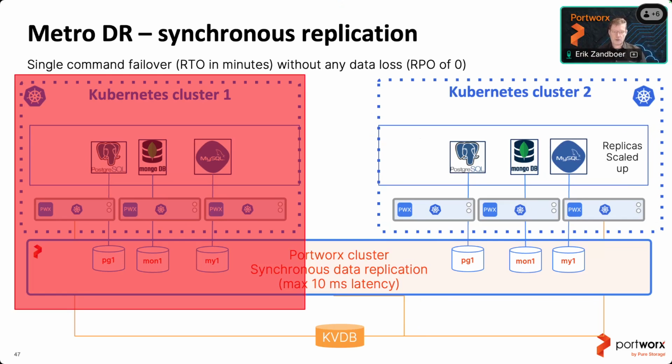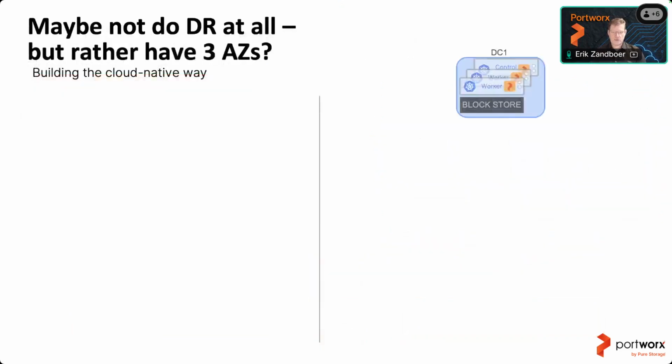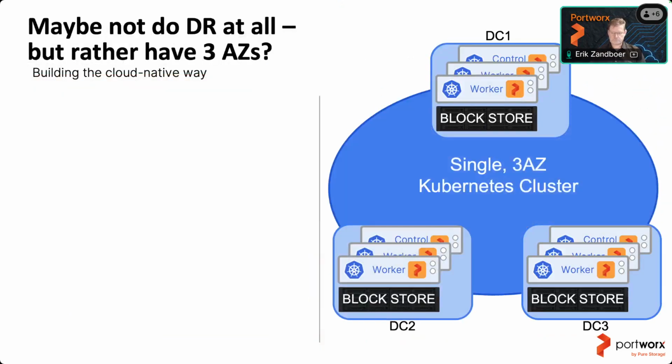You could also look at the way Kubernetes solves things. In that case, you wouldn't even need DR. You could have 3 data centers. Again, you'd have to have 3 data centers, all within a 10 millisecond range. Then you could build a single cluster that runs in 3 availability zones, meaning there's a control plane in each data center, and then there are workers in each data center.